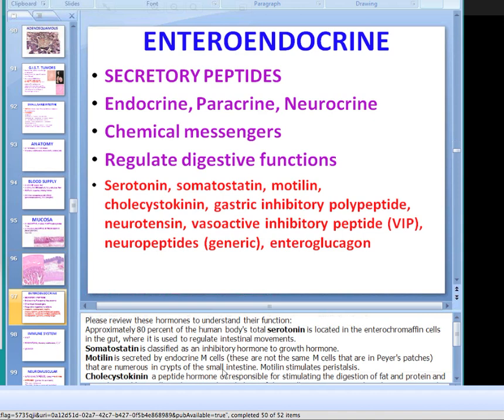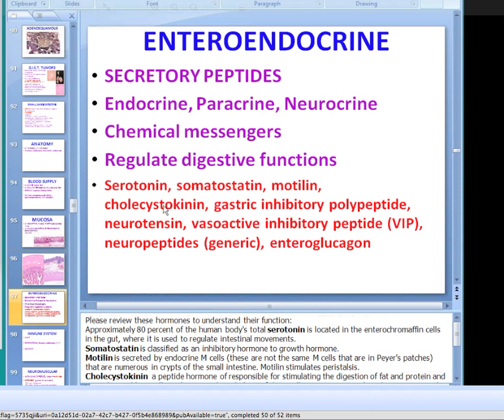And here we are. I made a little list here. I don't want to go into them. Sometimes I can barely remember them myself, but you should know, especially with respect to the bowel, the general functions of serotonin, somatostatin, which we've mentioned yesterday, motilin. You would think that would be a motility hormone, wouldn't you?